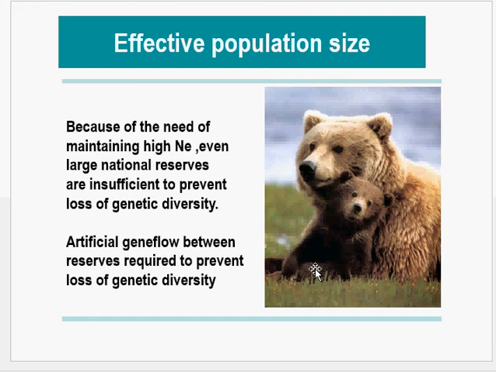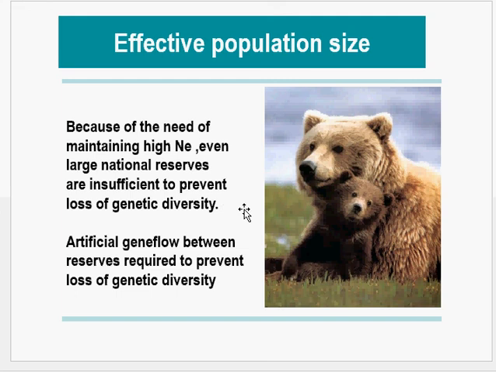So in this case, the grizzly bear, even huge national parks, the size of Trinidad, is simply not large enough to contain a population of grizzly bears which has a large enough effective population size to prevent a loss of genetic diversity through random genetic drift.